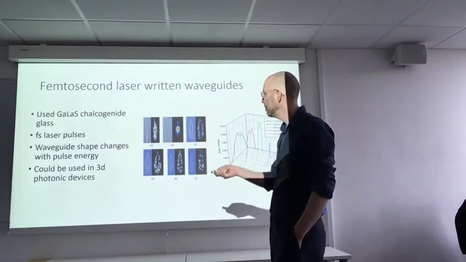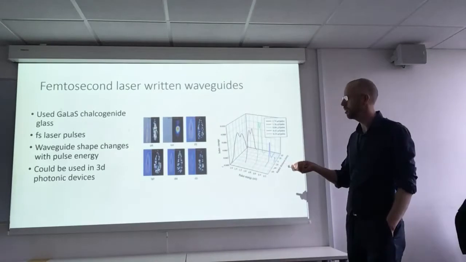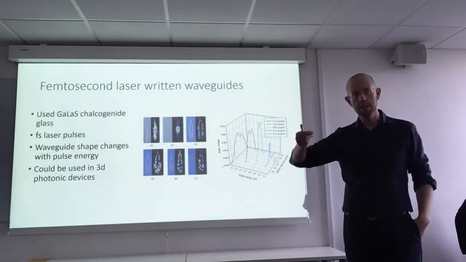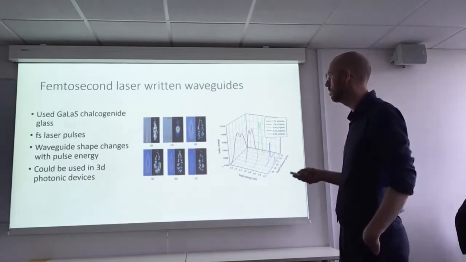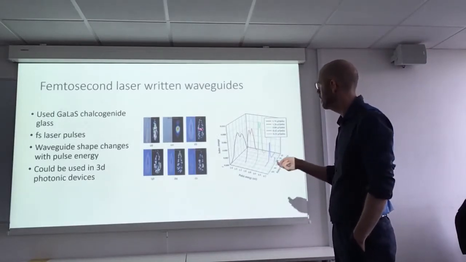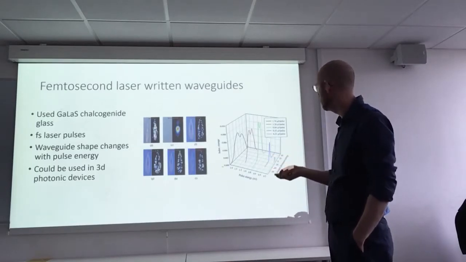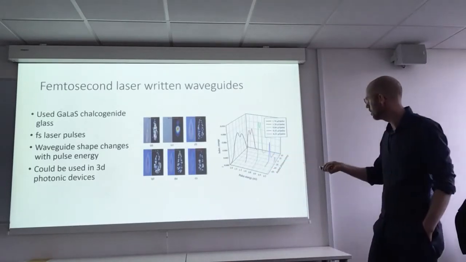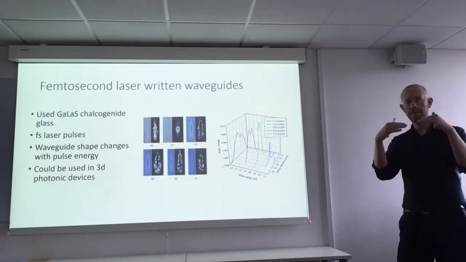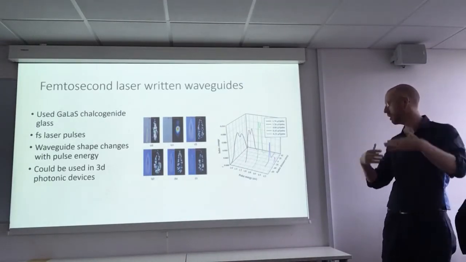And the waveguide shape changes really dramatically with the pulse energy. So we can vary the energy that's in each pulse of light that we're using to make the waveguides. You can see the different shapes you get in the microscope images here, but this is what the refractive index looks like. So you can measure the refractive index on a cross section.